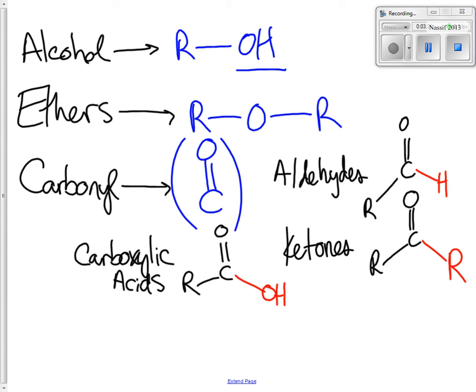Esters, very similar to carboxylic acid structure. Now keep in mind, these are esters, not ethers. Esters have that same C double bond O with the R group attached, except this time we still have that O, except now it's no longer an H that's directly attached. Except this time it's an O bound to another R group or another carbon chain. Right?